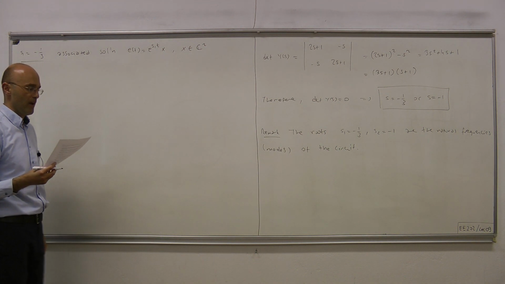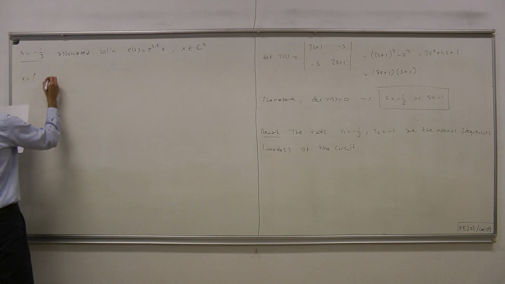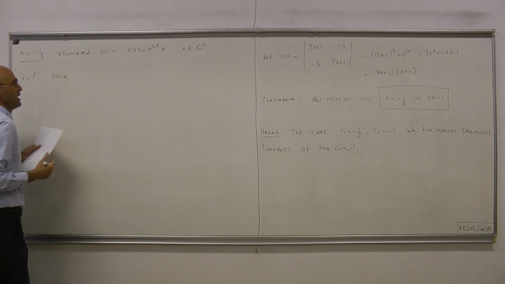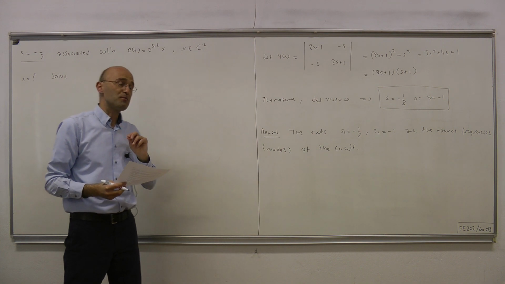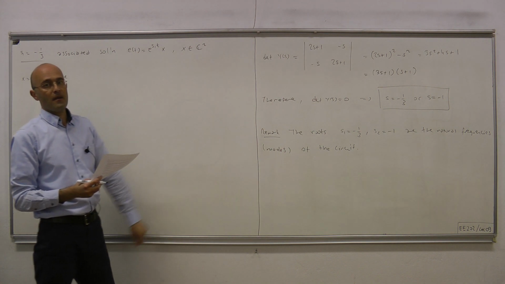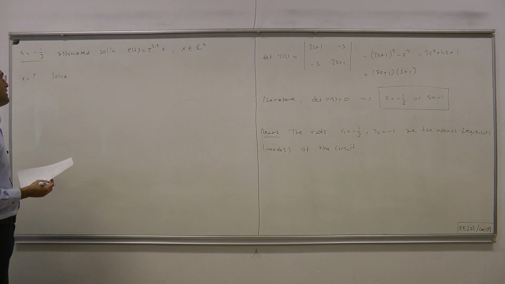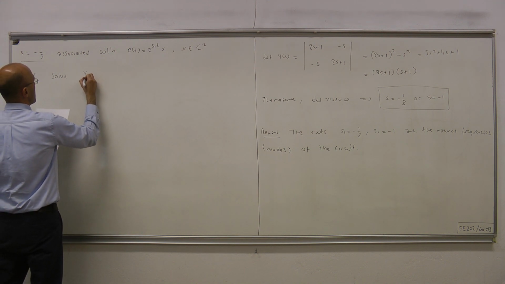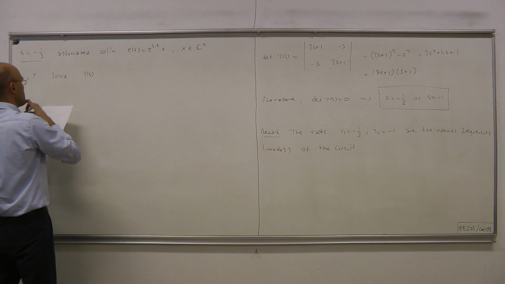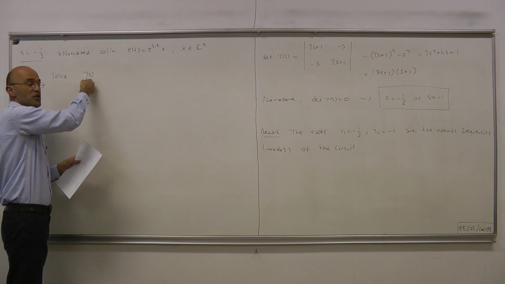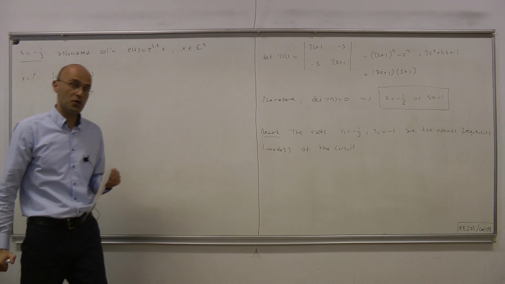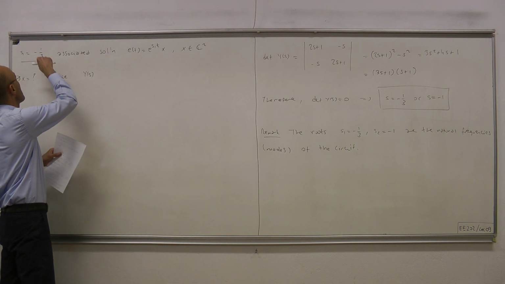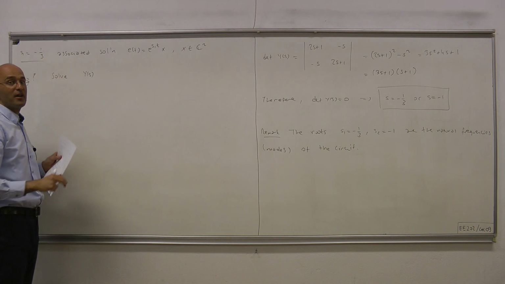Can it be an arbitrary vector? It turns out that it cannot be arbitrary. It has to belong to a certain subspace of the complex plane C2. Solve y of s. Remember that we obtained the equation y of s times x equals 0, and now we're working with some particular s, and that s is minus 1/3.